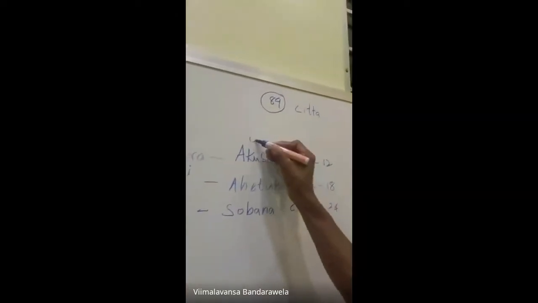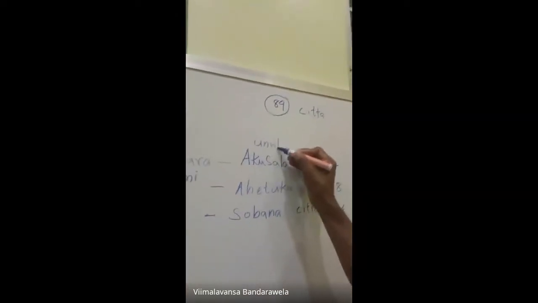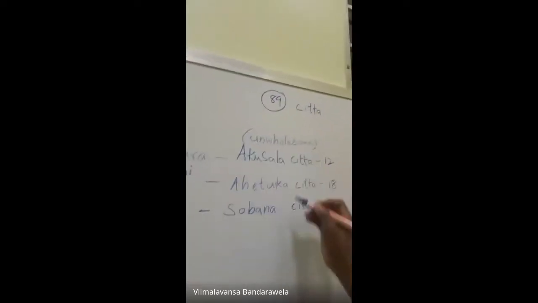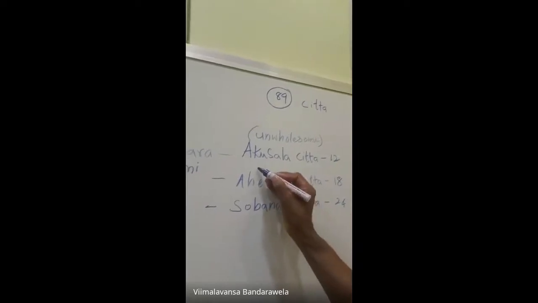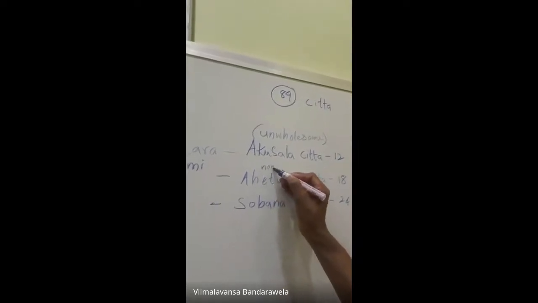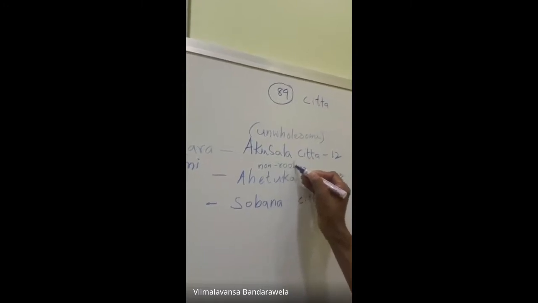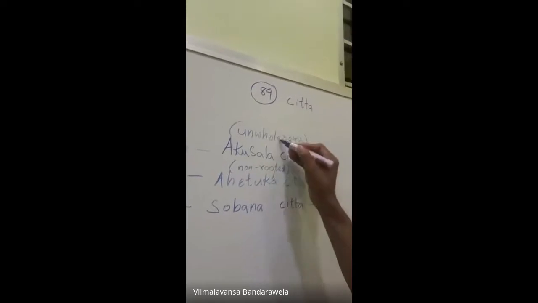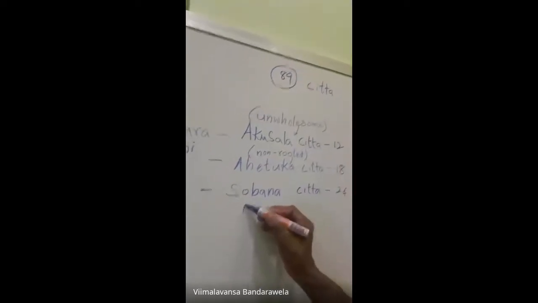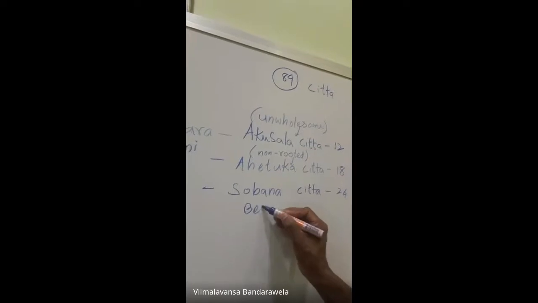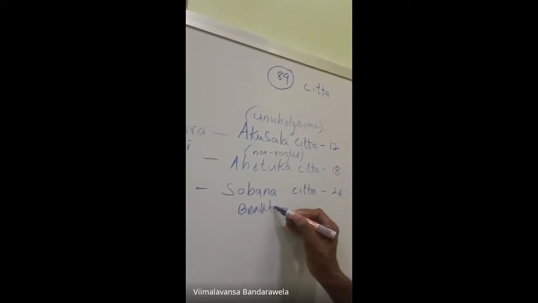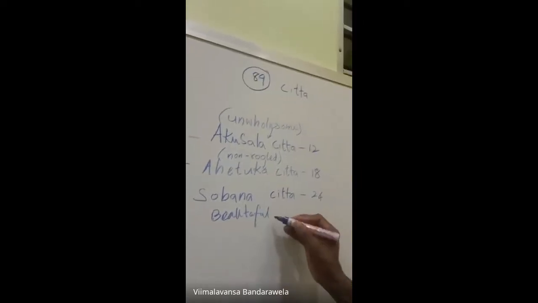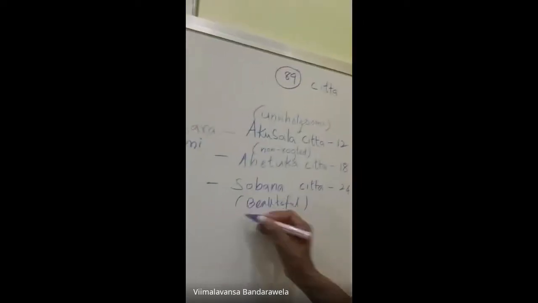Akusala means unwholesome consciousness. Ahetuka means non-rooted consciousness, no root. And sobana means beautiful consciousness, right?